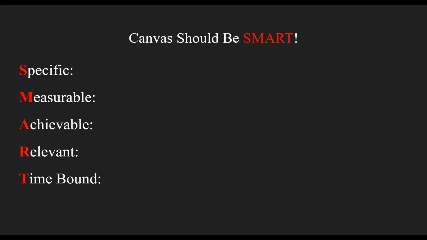The more realistic and achievable things you write down on your canvas, the more relevant it will be. So your canvas should be specific, measurable, achievable, relevant, and time-bound, because you should be able to refresh your canvas as you start the journey and keep continuing.